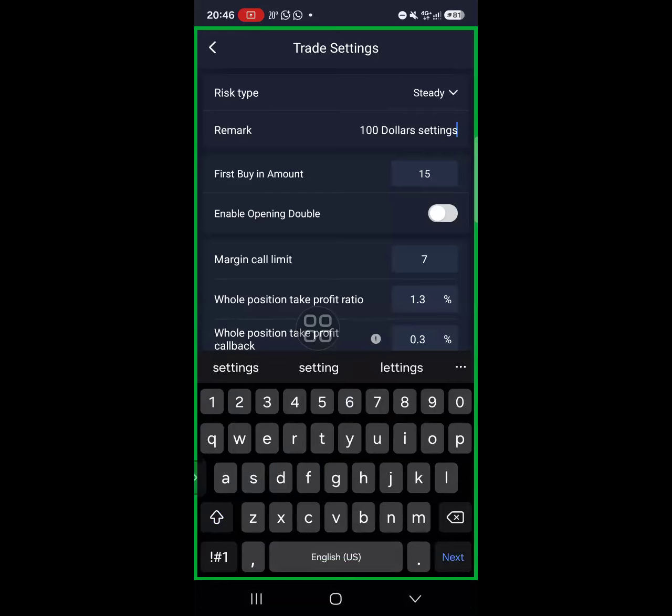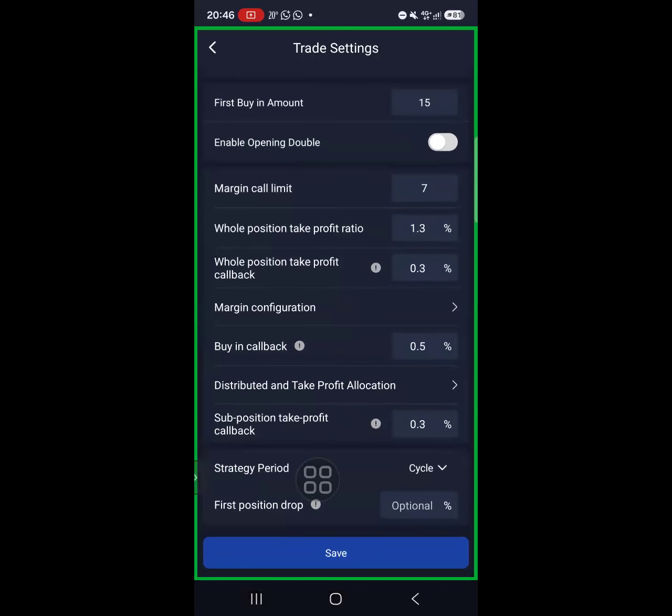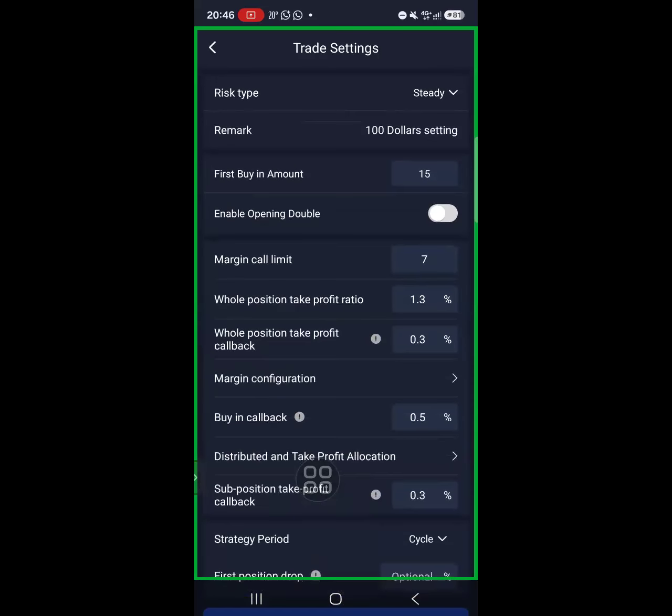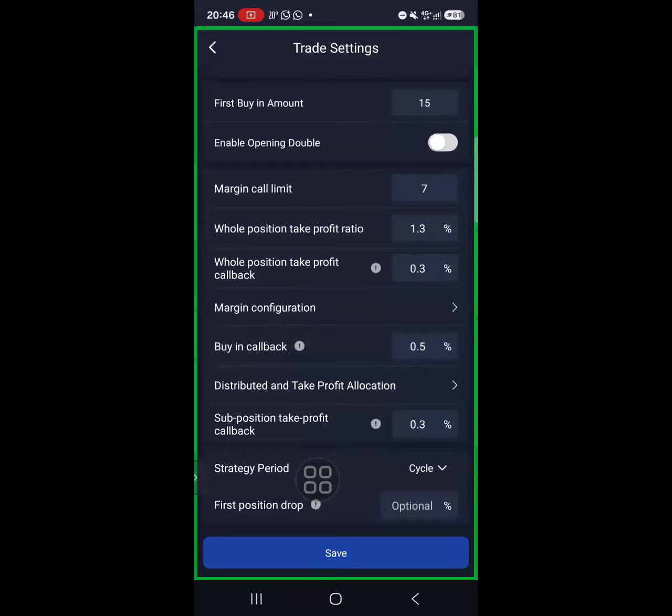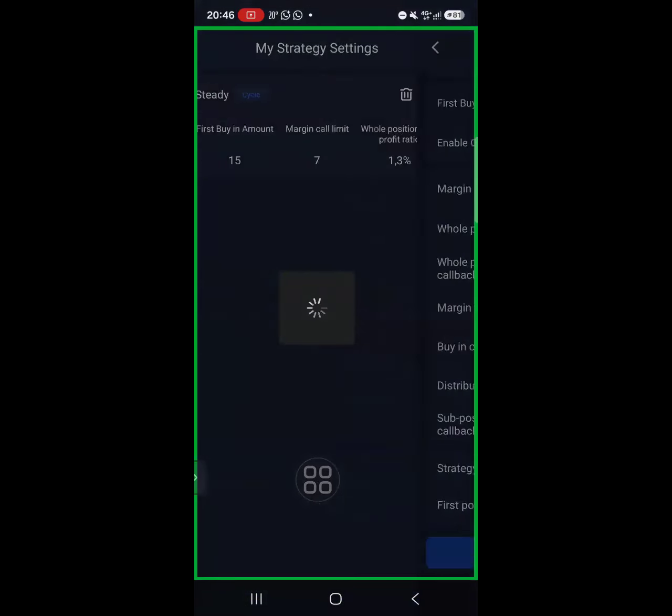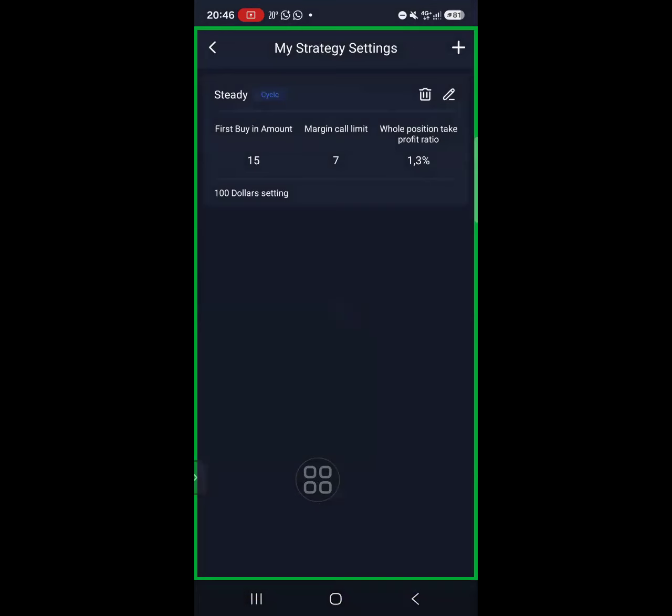Whenever I save this strategy and I want to pick a trade where I want to use $100, I'm going to come and click on the $100 setting.